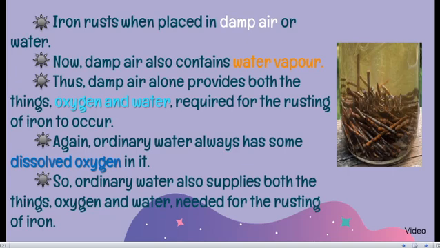So this is a required condition for rusting of iron. Also, in normal water, if we keep an iron nail, it starts rusting. That is, ordinary water also has some dissolved oxygen in it. So automatically the iron gets rusted. These two conditions should be there for rusting. Otherwise, rusting will not occur.